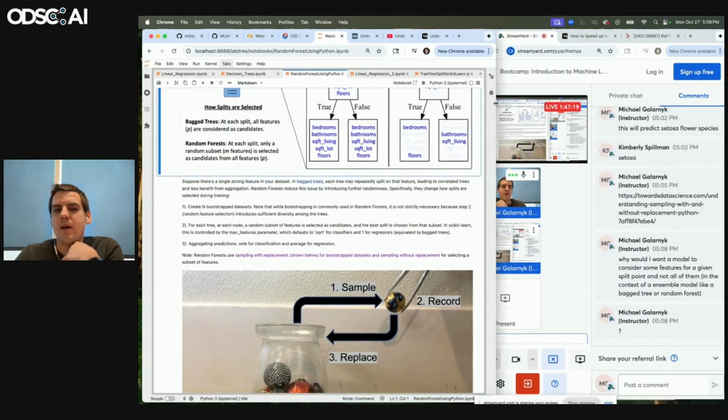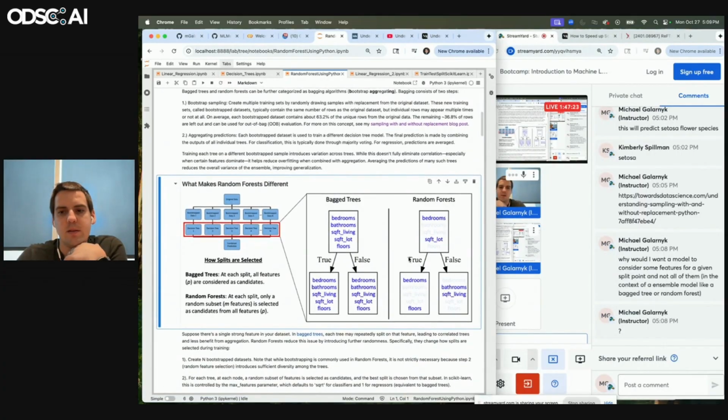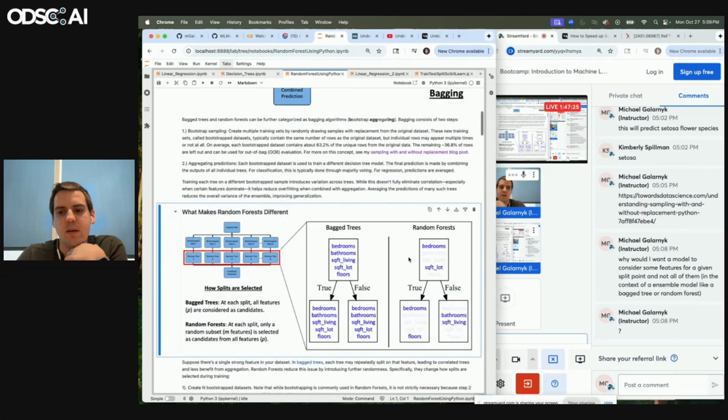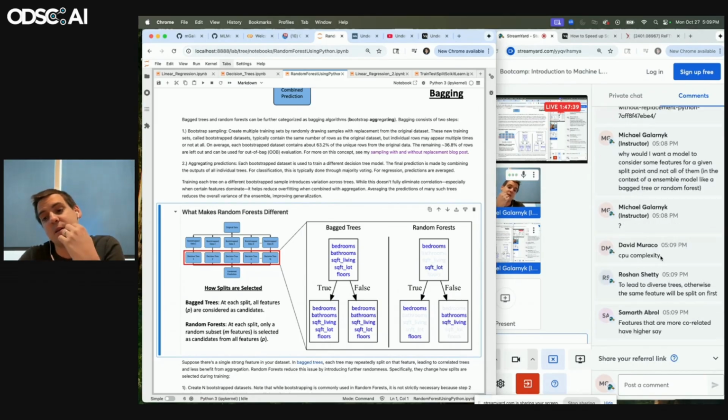Does anyone have any thoughts? If I give a question here, like what's the most important feature that determines home prices? Let's say all of you happen to think it's square feet. Yeah, CPU complexity, that's fair. Yeah, features.